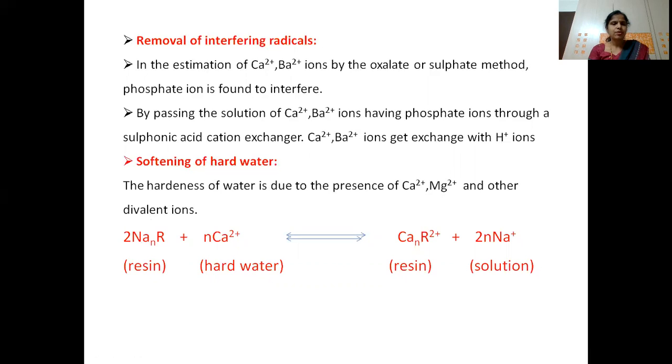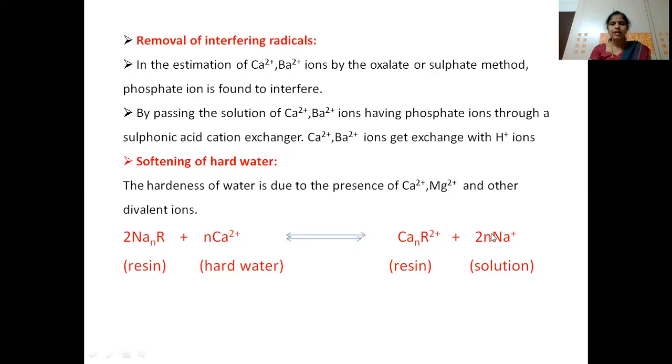Now these sodium ions, when they are mixed with this hard water which is having calcium, or else you can take magnesium here, these calcium ions will get exchanged with the sodium ions. Therefore, you will get all the calcium ions which are present in the hard water now bound to the resin, and this sodium ion is free.